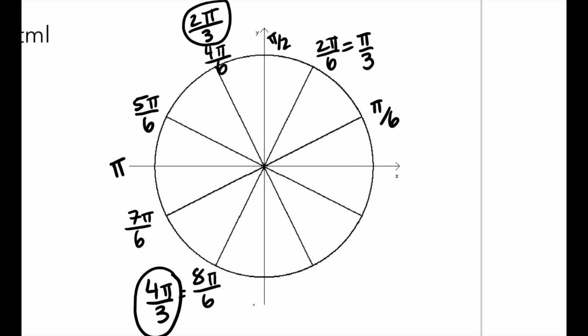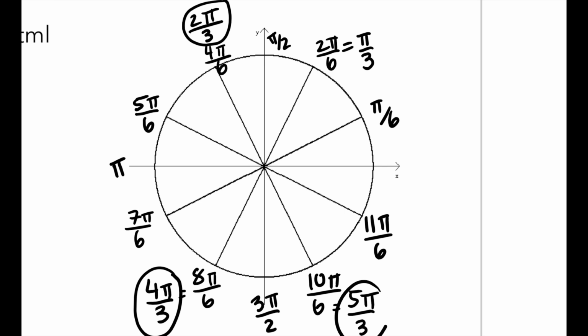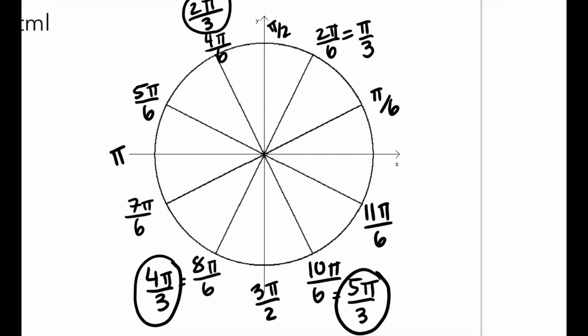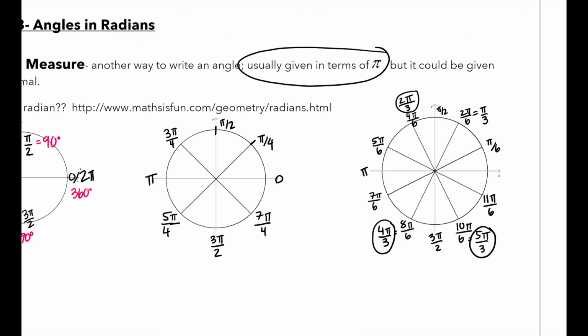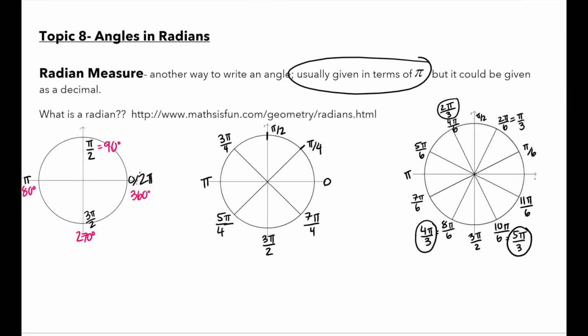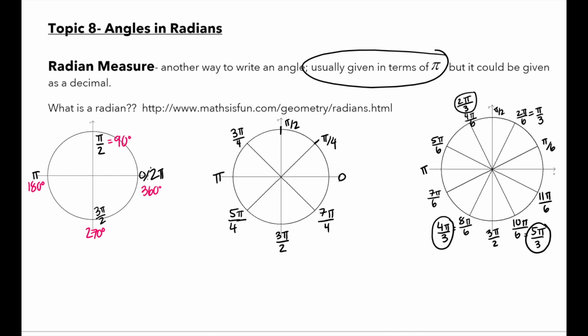This is still 3 pi over 2, or 9/6. That means this is 10/6, and this is 11 pi over 6. But this one does simplify to 5 pi over 3. So these are the most common angles that are going to be used in radians.